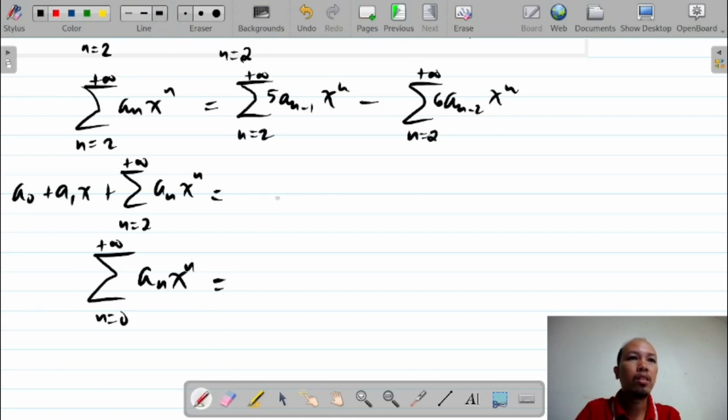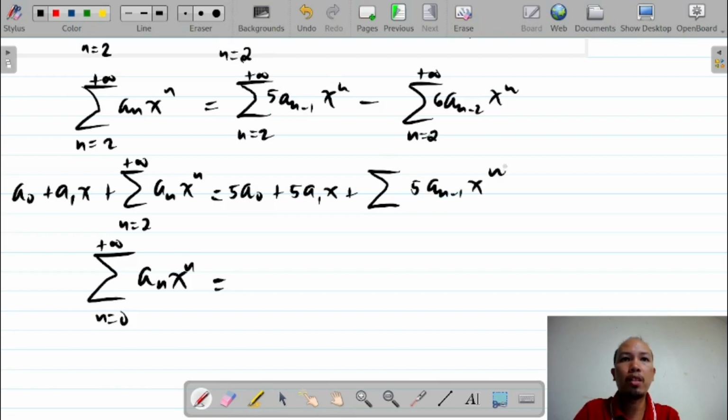So if we add a sub 0, we have 5 a sub 0 plus 5 a sub 1 x plus summation of 5 a sub n minus 1 x to the n starts from 2 to positive infinity.